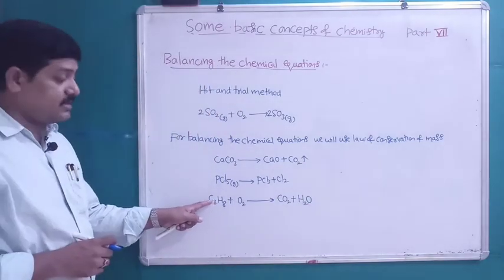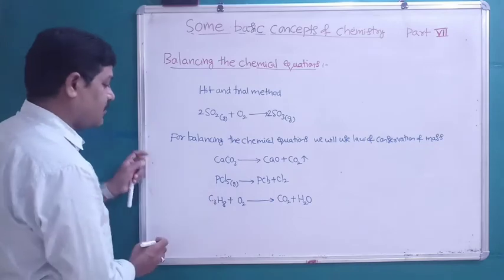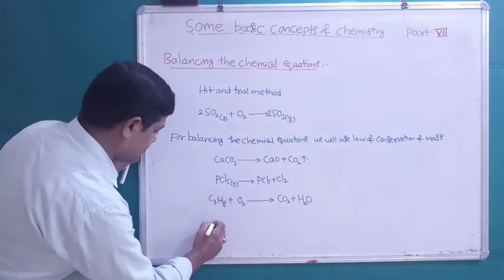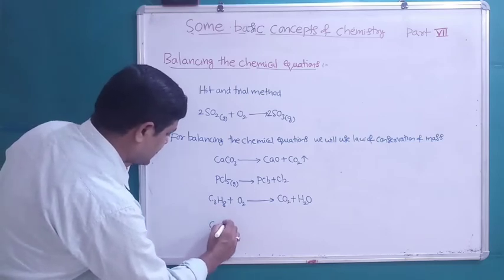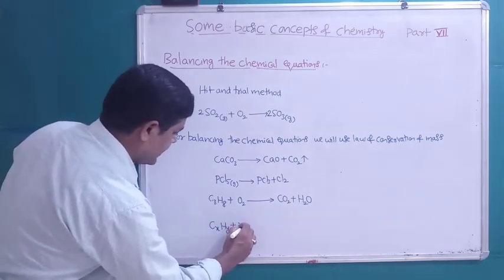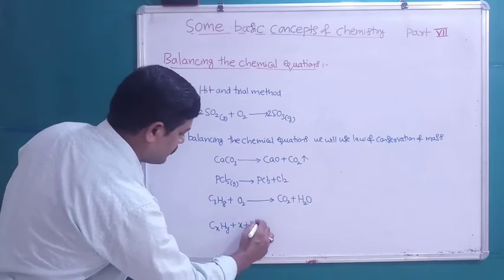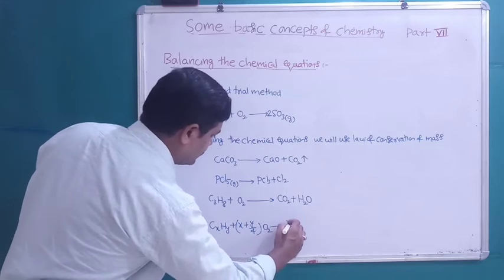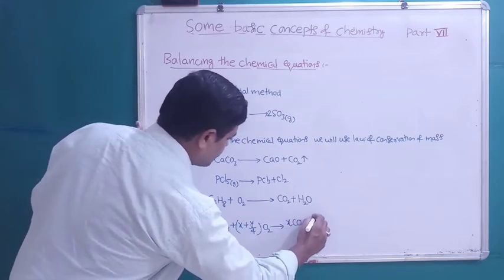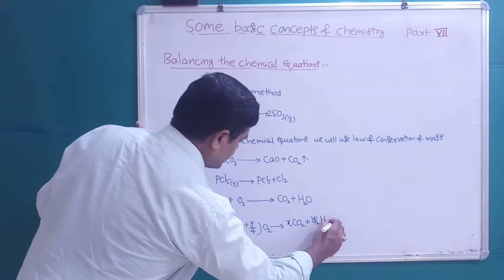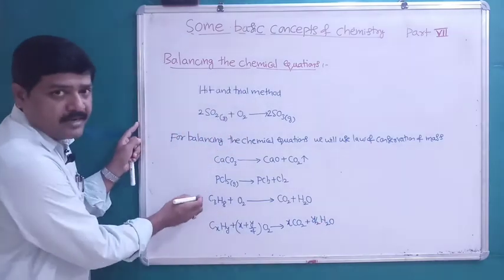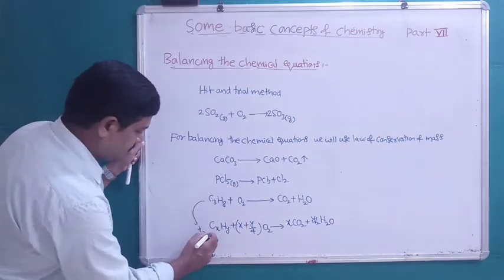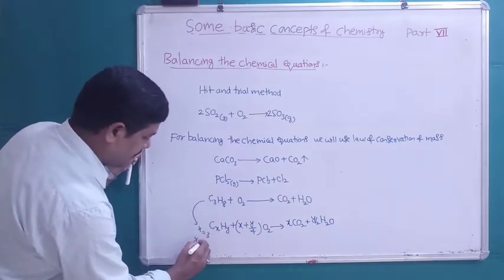This can be balanced as, there is a general form of balancing a combustion reaction of a hydrocarbon, that is CxHy plus (x plus y by 4) O2 gives rise to x CO2 plus y by 2 H2O.